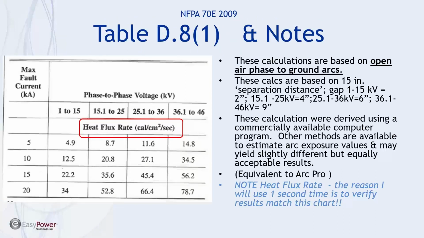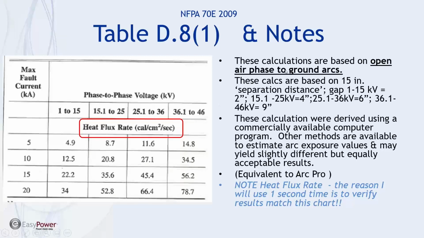There were actually 3 tables involved. The first one was voltages up to 1,000 volts, and we'll talk about that in a later session where we get into low voltage calculations. The second 2 tables included this one, which is specifically from 1K to 46 kilovolt range.